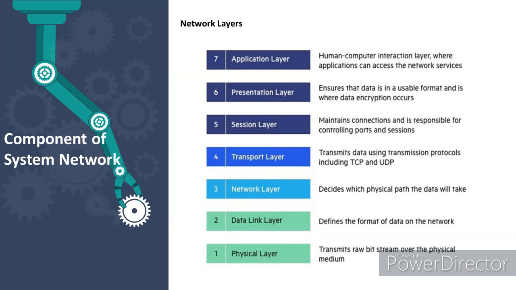All the means by which the plane can fly you from UK to Nigeria is how network is. Where you sit down, how you have been transported, and how you have been delivered to your destination. That's all about network. You get. So we have the transport layer.